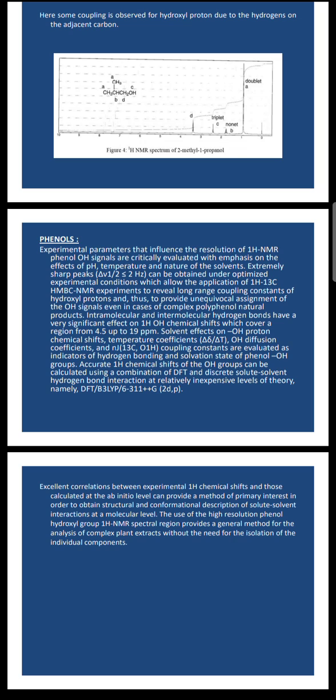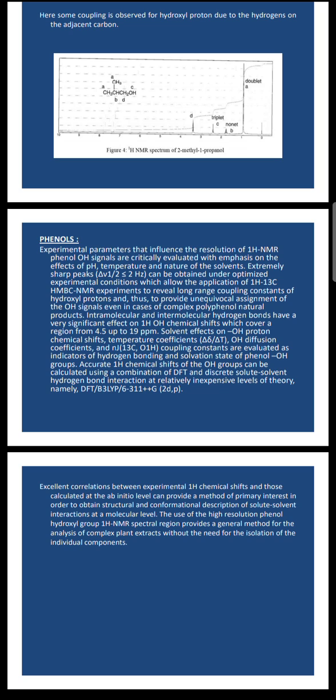Extremely sharp peaks, with delta V1/2 not better than 2, can be obtained under optimized experimental conditions which allow the application of 1H-13C HMBC NMR experiments to reveal long range coupling constants of hydroxyl proton and thus they provide unequivocal assignment of the hydroxyl proton signal in the cases of complex polyphenol natural product.